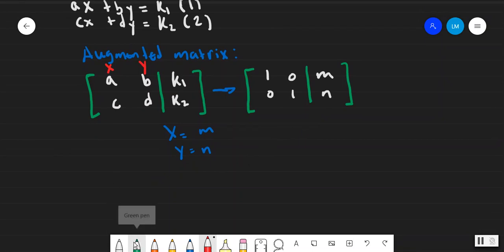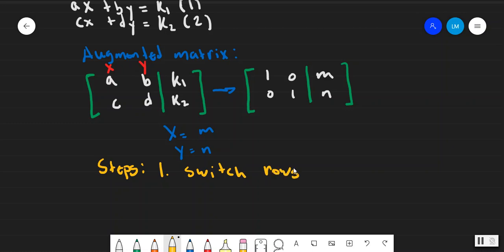So, the steps that we can use are as follows. The first is that we can switch rows. The second is that we can multiply a row by a non-zero constant.